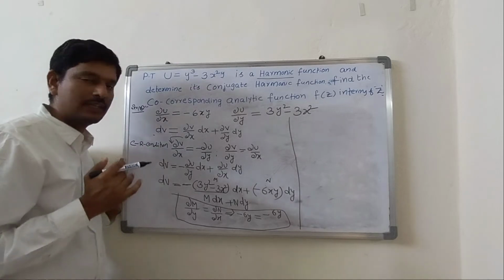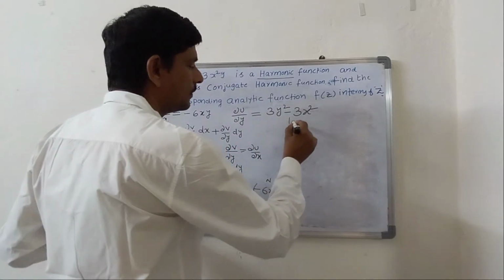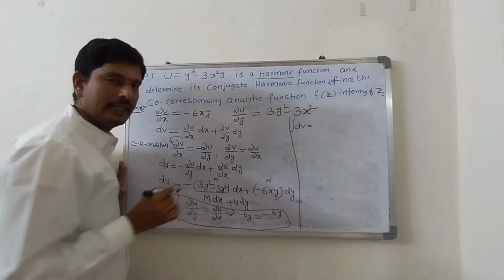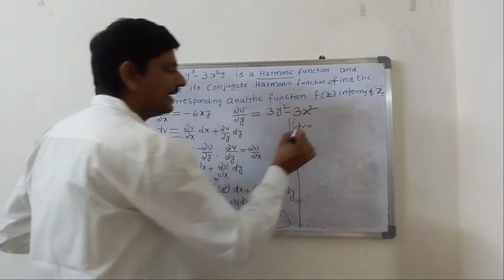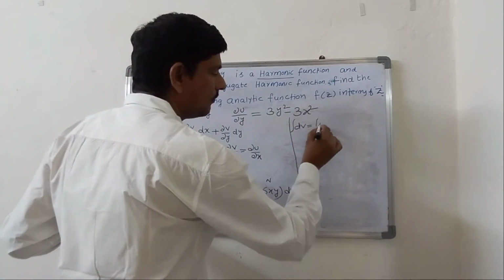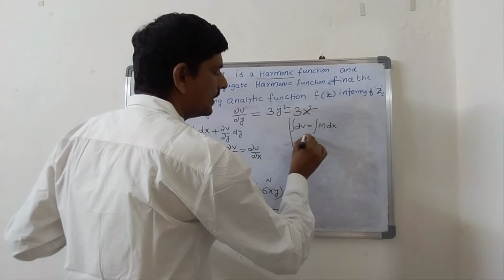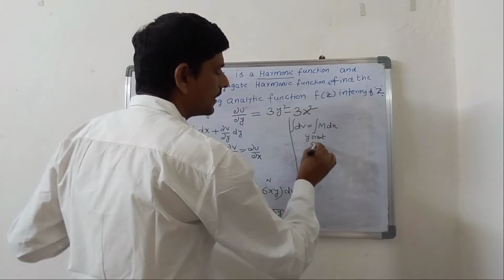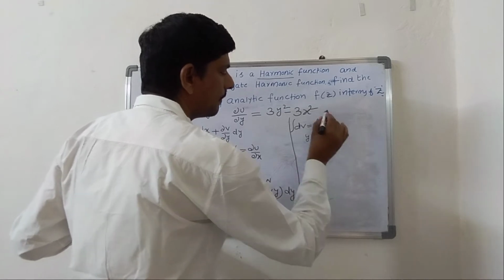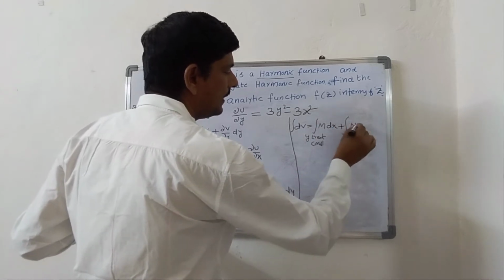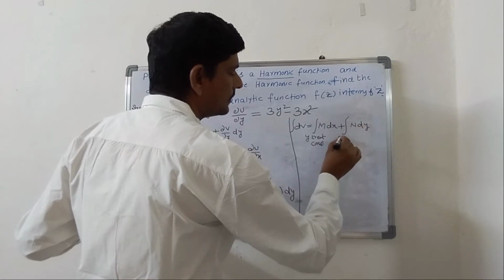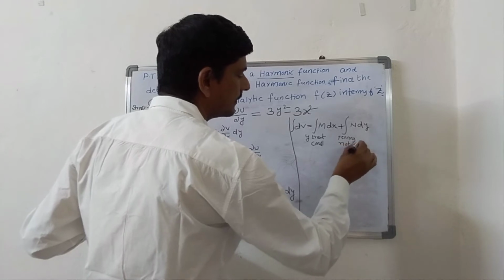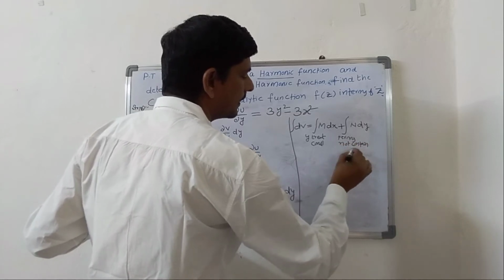Please remember that the solution for the exact differential equation is, by doing integration on both sides, integral dv is equal to integration of m dx, treating y as constant, plus integral of n dy, the terms not containing x.